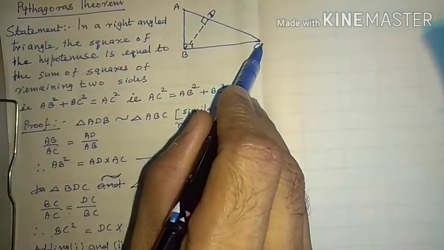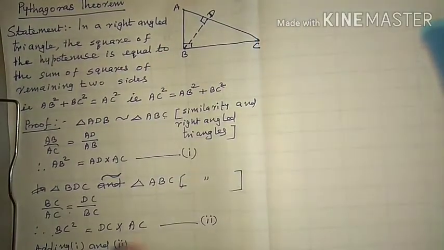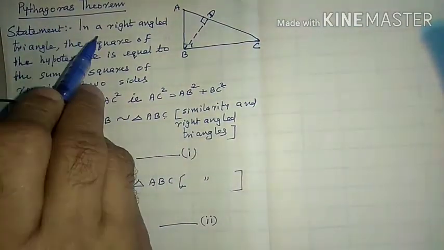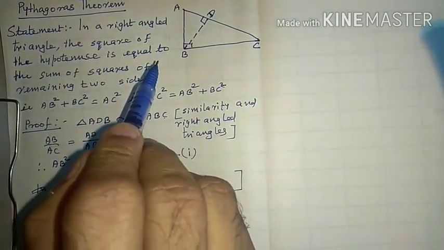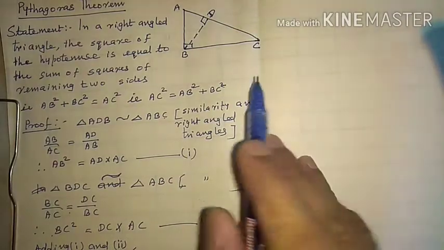One side's square equal to the sum of the squares of the other two sides. The result we proved in Pythagoras theorem is given. In Pythagoras theorem, it is given that it is a right angled triangle. That is what we have to prove in the converse of Pythagoras theorem. Understand? Very clear, very simple.